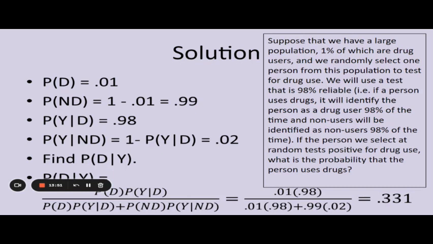Take those 2, repeat it on the bottom, plus, and then basically the same thing, but wherever you see the D's, change them to not D's, because that's like the second S in your sample space, using drugs and not using drugs. And then you just take all those probabilities that you have up there and plug them in, because you have everything you need, and then calculate it out, and we get that same 33%.